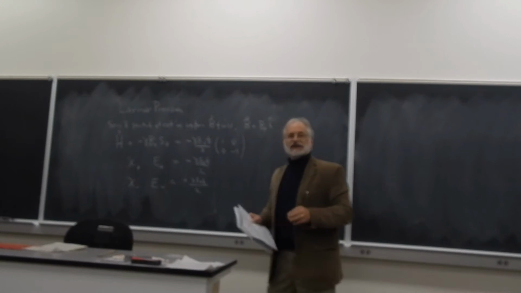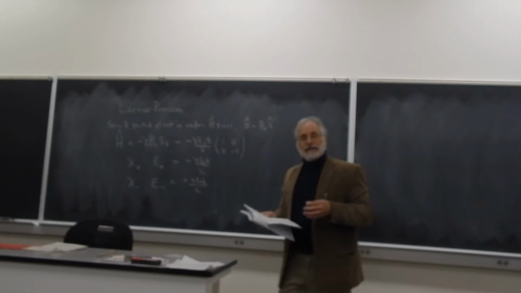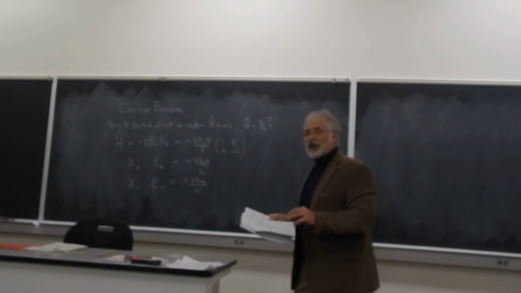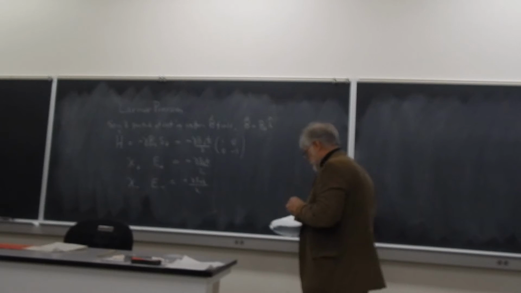And of course the energy is going to be lowest when the spin and the magnetic moment, or the field and the magnetic moment, point in the same direction, just like it's the case classically.